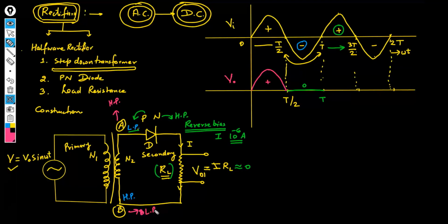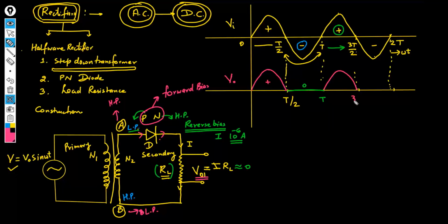Now this time we can say this PN diode is in forward bias. If it is in forward bias, then current will flow through the diode and we will get the output across the ends of the load resistance, I into RL. So this time again we are going to get the output for T to 3T by 2.